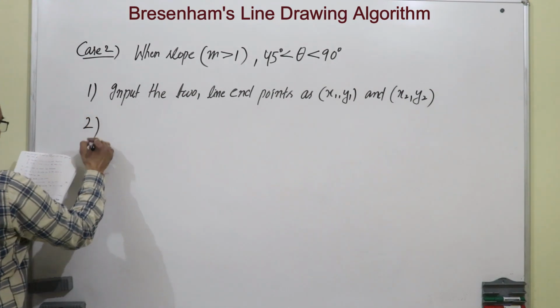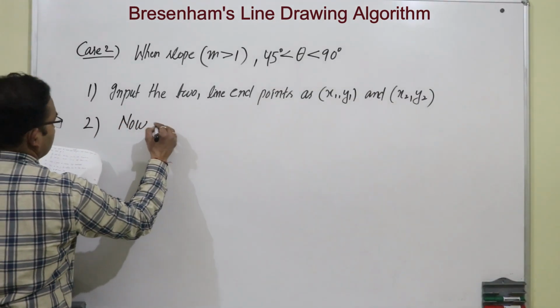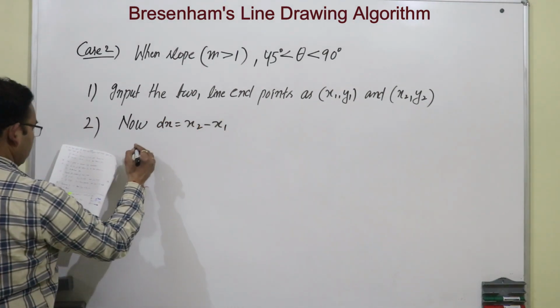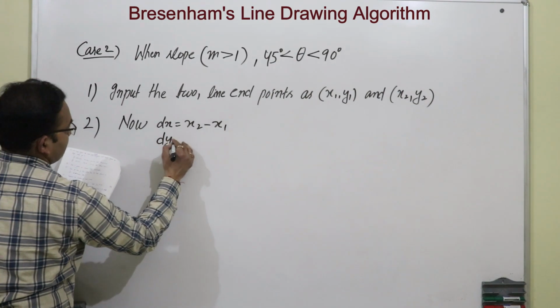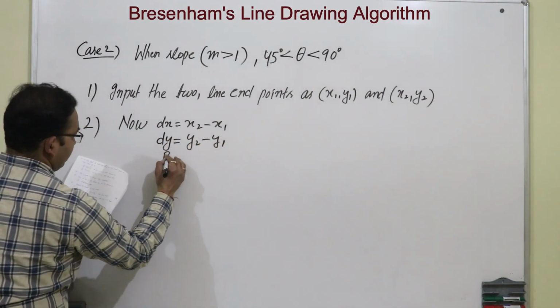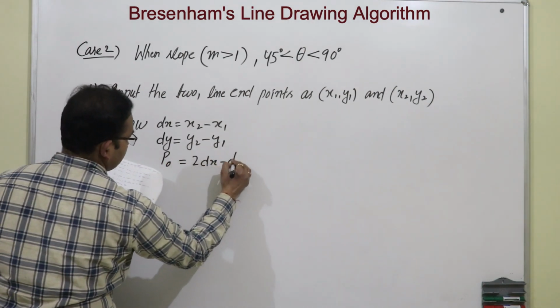Point 2, now dx equal to x2 minus x1, dy equal to y2 minus y1, p0 equal to 2 dx minus dy.